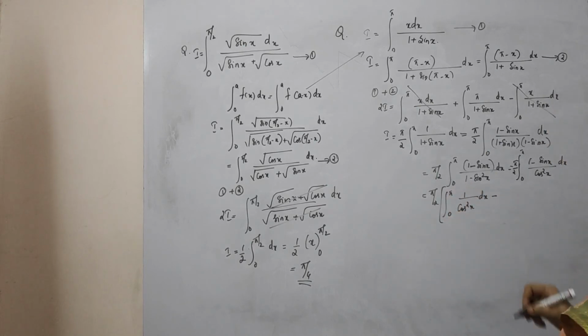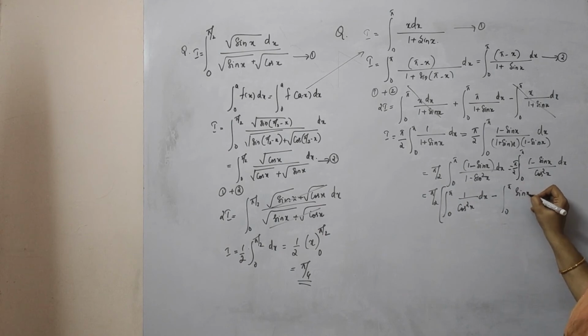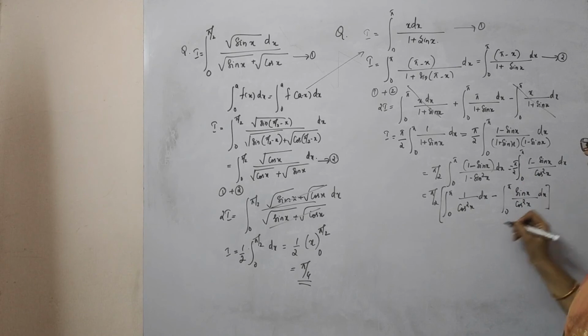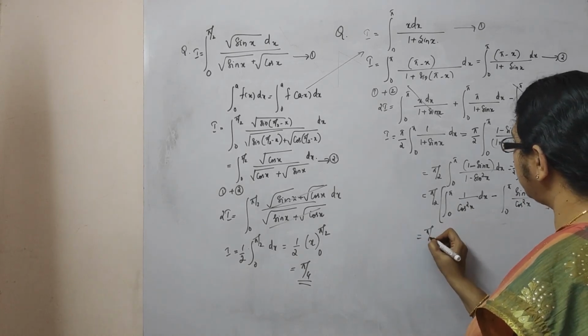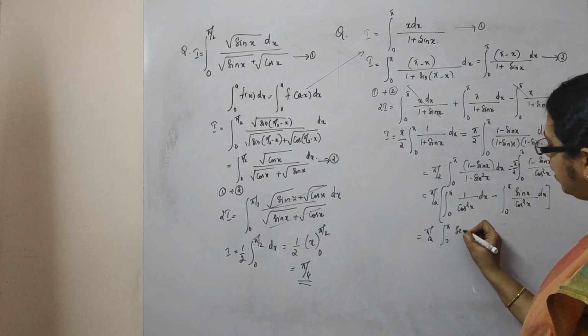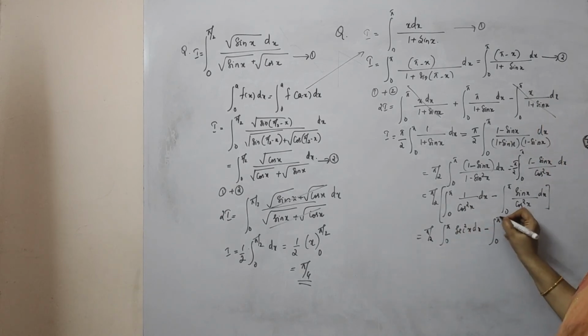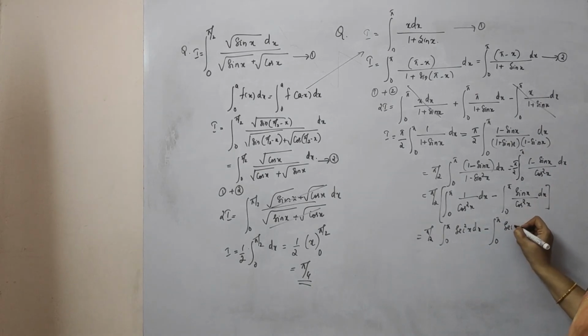That is 1 by cos squared x into dx minus, pi by 2 is a common thing, minus integral 0 to pi of sin x by cos squared x into dx. Now what is this? This is pi by 2 into integral 0 to pi of sec squared x into dx minus integral 0 to pi of sec x tan x into dx.